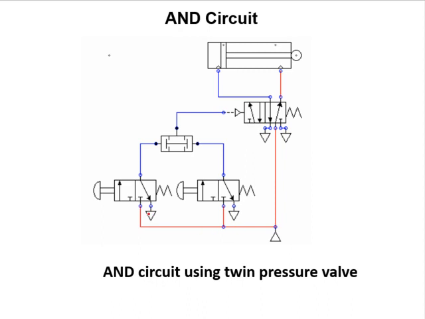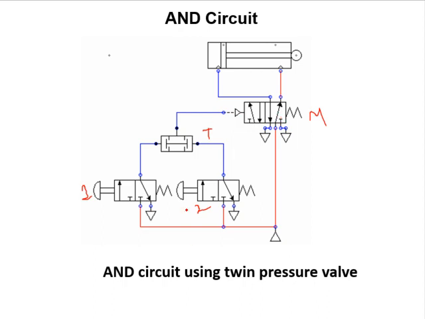Then it is further connected to two 3x2 push button type DC valves, first and second, and then the main DC valve. In between the main DC valve and the two 3x2 push button DC valves, a twin pressure valve is provided, whose output is connected as the pilot signal input to the main DC valve.